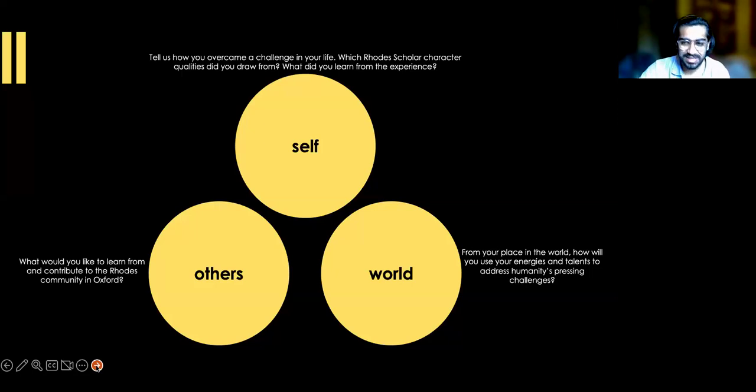So these are just broad frameworks to think through, but you don't have to force yourself into talking about everything equally; there's no fixed word distribution. For example, in my essay, I remember the others and the world part was probably only the last fourth, and most of it was the self. But within that, you can always discuss a lot of things. So there's no limitation. Sami?